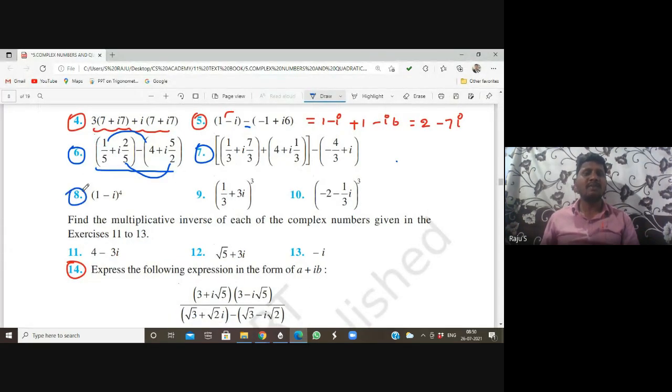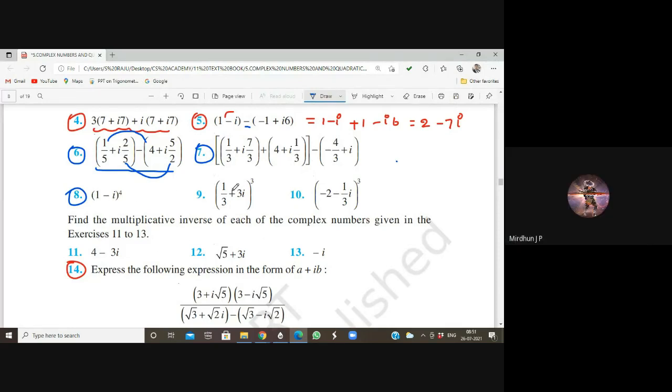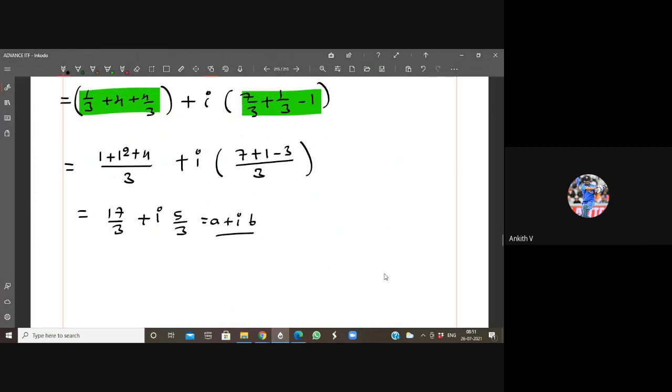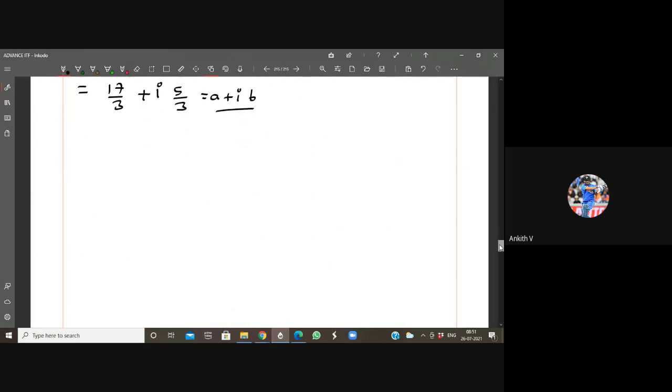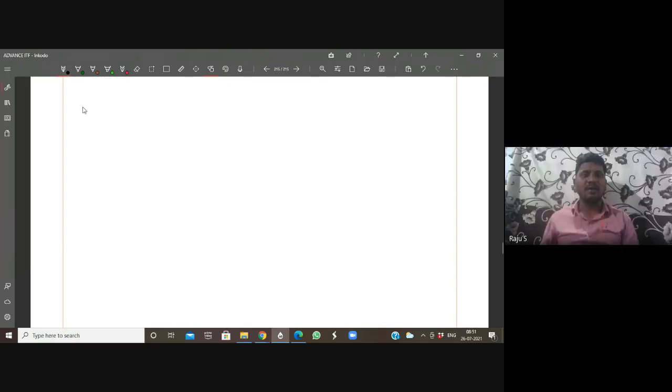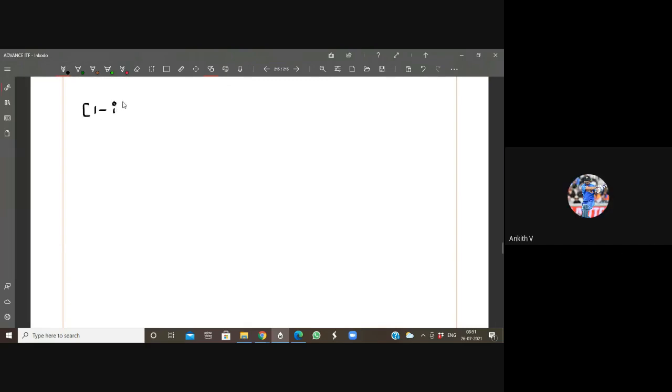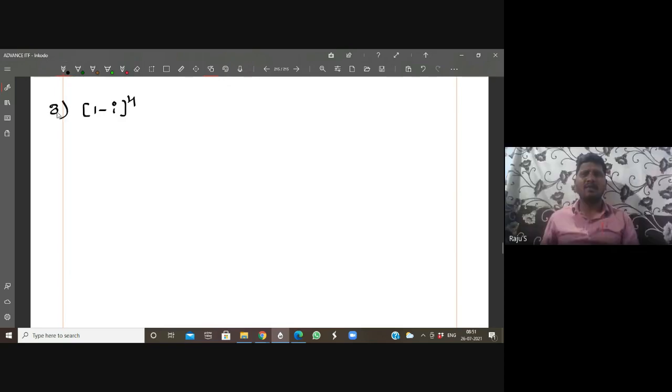See, how can you simplify this eighth question? Sir, 1 by i power i whole square into 1 by (1 minus i square) whole square. Okay, very good. 1 minus iota, or you can apply the binomial theorem to find the fourth power. Why? That is lengthy. It's not necessary.